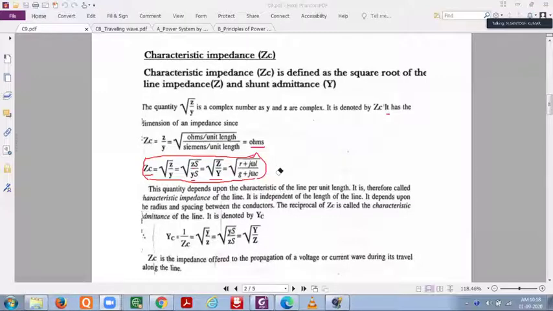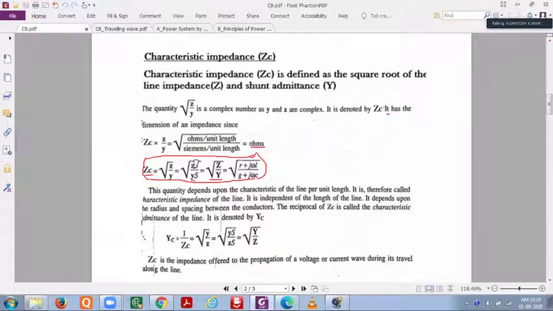Sai Kumar. Yes, sir, I'm here. So that is the meaning of characteristic impedance. Particularly we write it as a ratio of Z by Y. When I simplify that, we don't have any length term in this. So based on this, we say characteristic impedance is independent of line length.